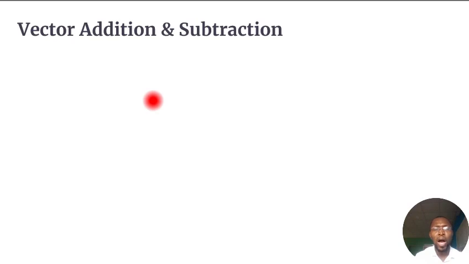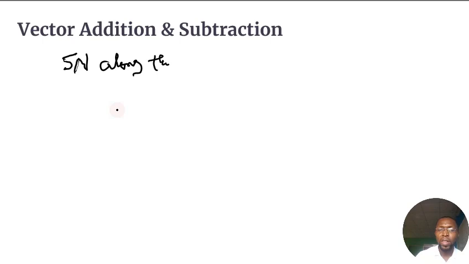Now, how do you add vectors? Let's quickly do a little mathematics here. Let's say we have a vector of 5, and let's say the vector is a force. So a vector of 5 Newton along the right hand side.